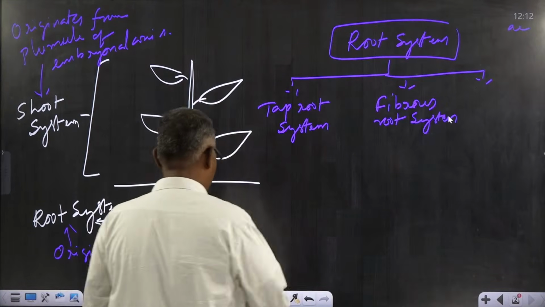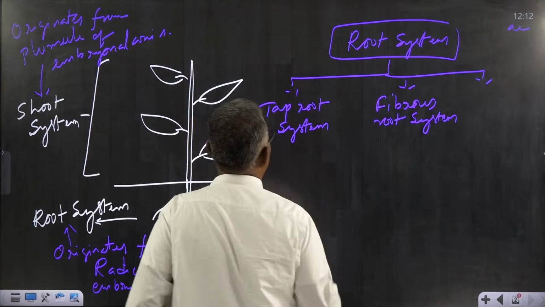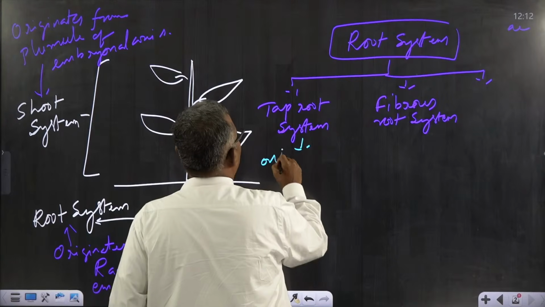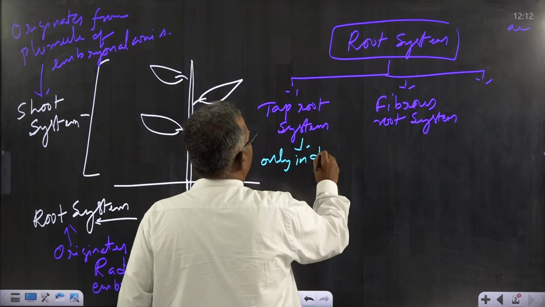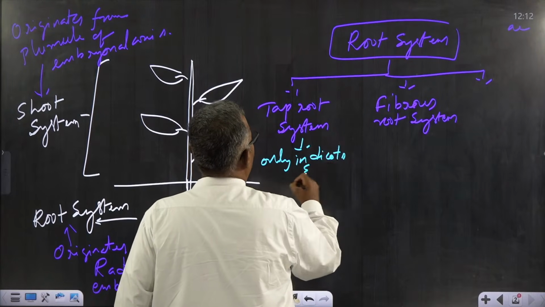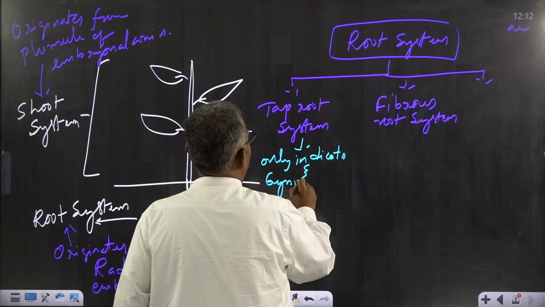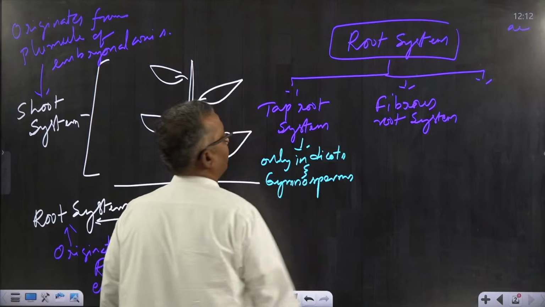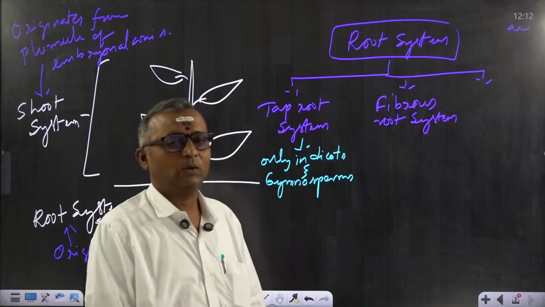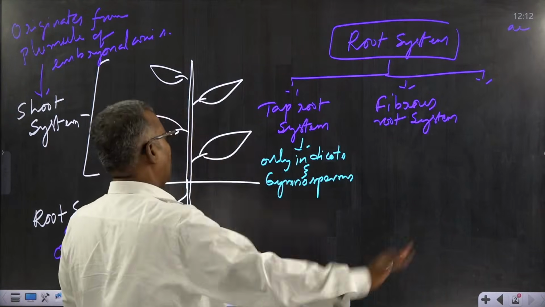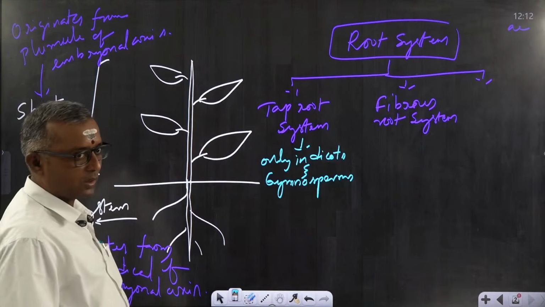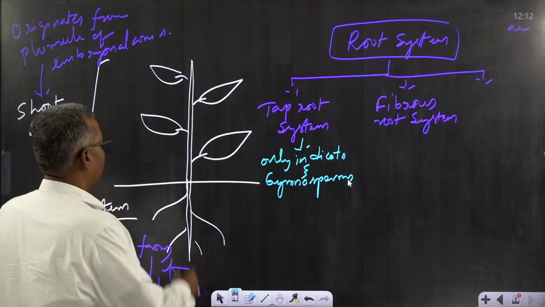The taproot system is present only in dicots and gymnosperms. Among angiosperms, it is only in dicots. What is the taproot system? Look at the board carefully.